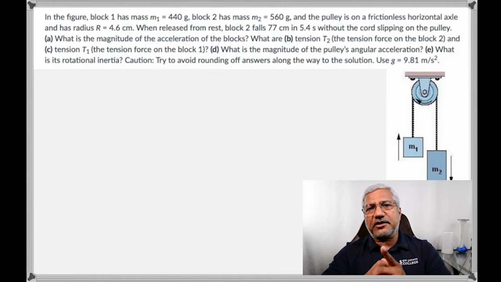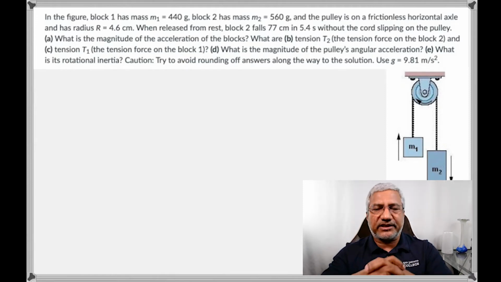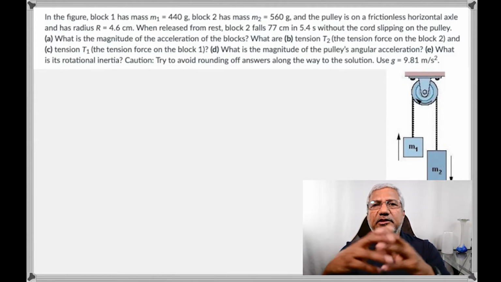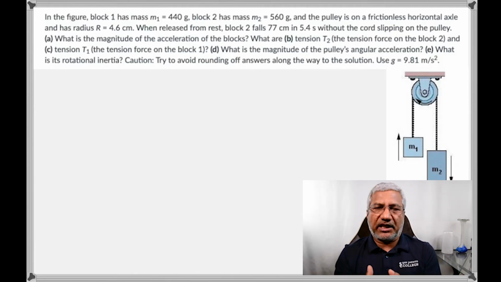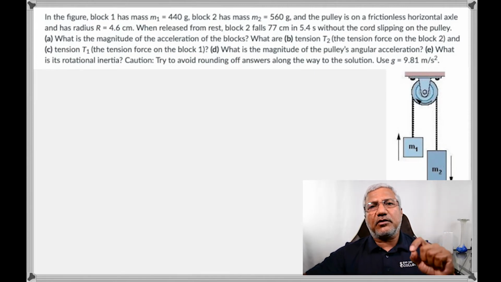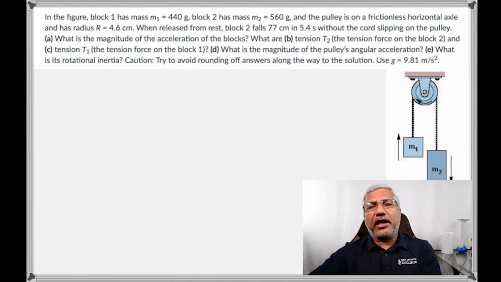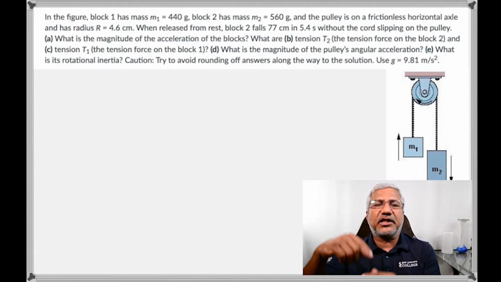Since the cord is not slipping, both the masses and the pulley will have the same linear acceleration. And to find that, we need the free body diagram. We need to look at the forces that act on the two blocks individually. The force on block 1 is its weight down, tension up. And on block 2, the same two forces, its weight down, tension up.